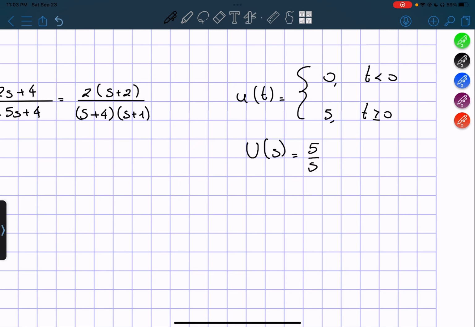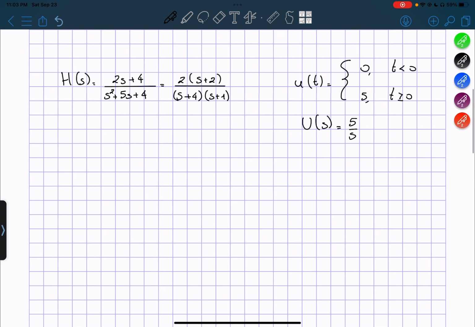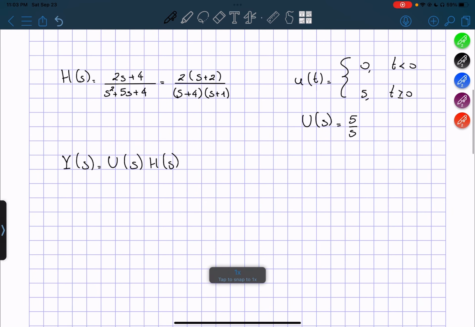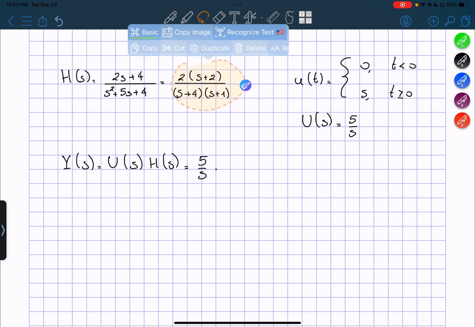Okay, so far so good. So we're just going to find our capital Y of s, which equals U of s times H of s, and then we have 5 over s times what we have over here.